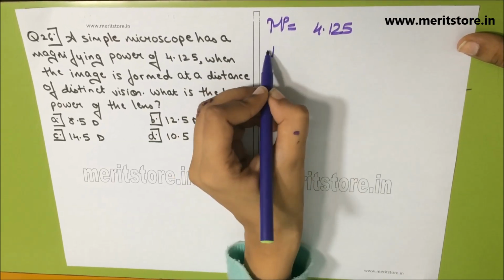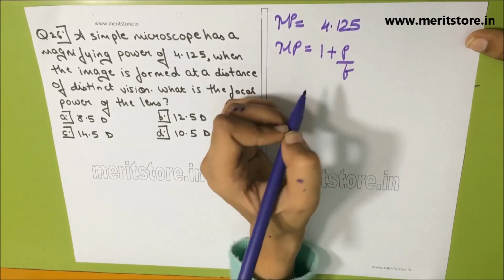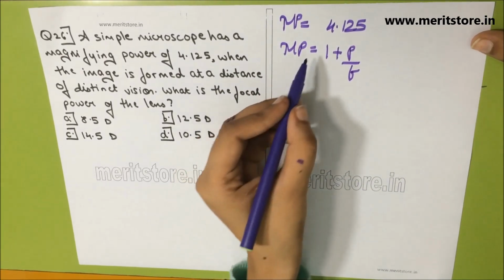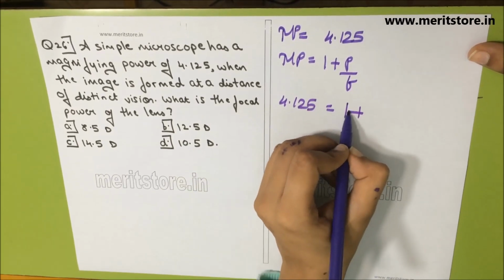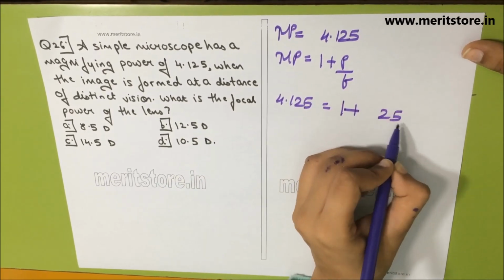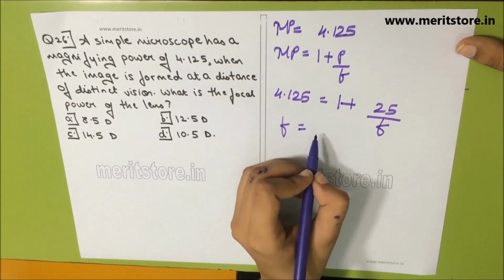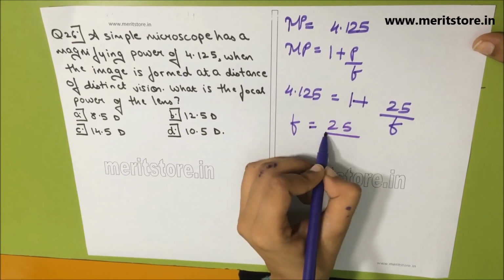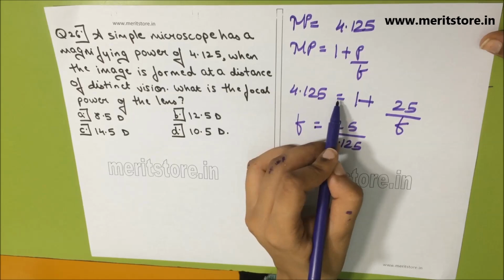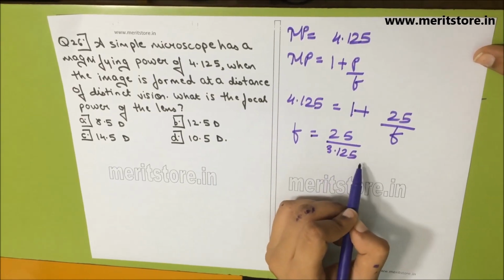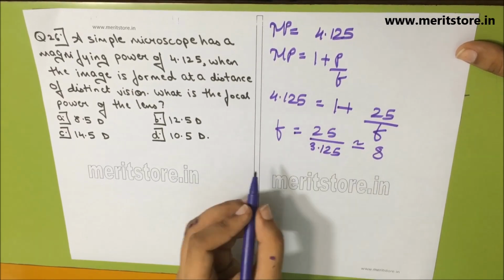Over here, MP is given to us as 4.125. Using the formula MP equals 1 plus P by F, we will substitute the values. MP, 4.125, equals 1 plus 25 by F. Therefore, F will be 25 upon 3.125, because 4.125 minus 1 is 3.125, so F is approximately equal to 8.